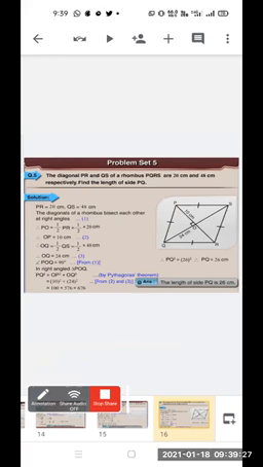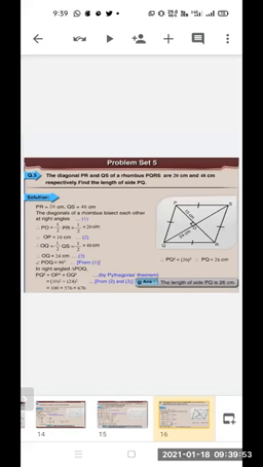Question number 5. Here what is given? The diagonals PR and QS of a rhombus PQRS are 20 centimeters and 48 centimeters respectively. Find the length of side PQ. So here diagonals are given, and it is a rhombus.